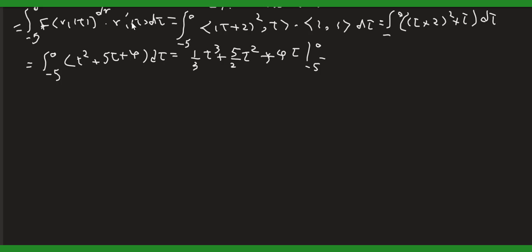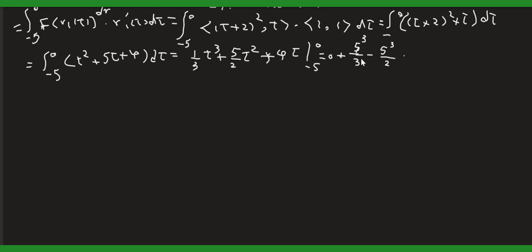So first I replace t with 0. I will get 0 minus, then we put minus 5 instead of t. We will have here minus, which will be multiplied, minus will be positive, 1 over 3, 5 cubed over 3. And minus, here minus 5 will be positive, with 5 squared over 2, and plus here 4 times minus 5 will be positive 20.